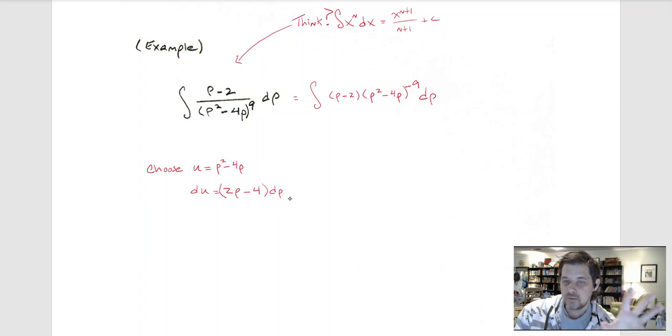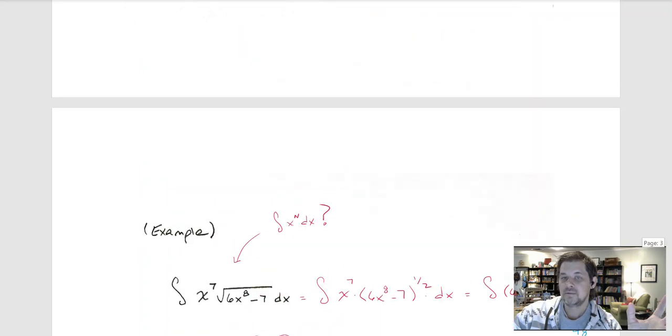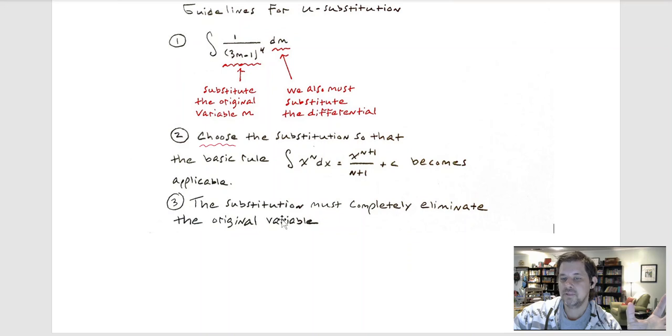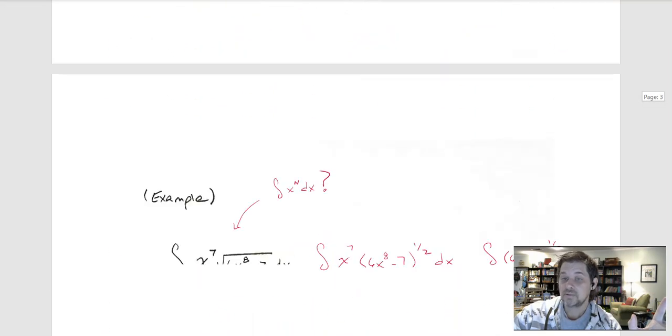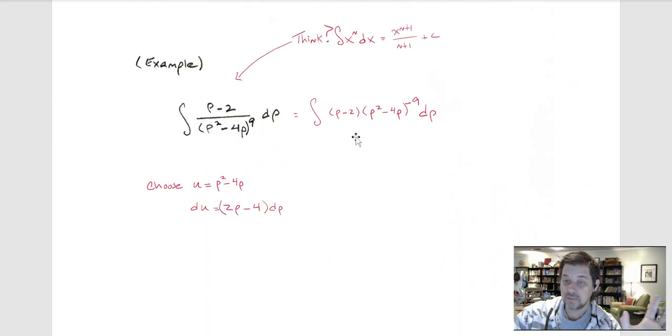Now, the goal is to substitute this. This method is called substitution, meaning that all the stuff that's up here, I need to substitute in its place so that the variable is no longer p, but it's u, okay? So one of our other guidelines with u-substitution is the substitution must completely eliminate the original variable. So I've got to 100% substitute all the p and the dp away and get everything in terms of u.